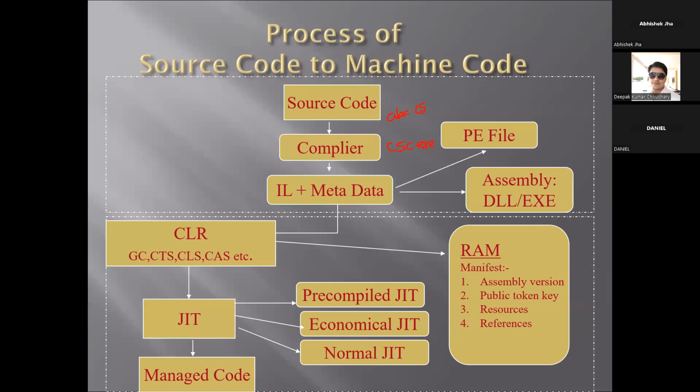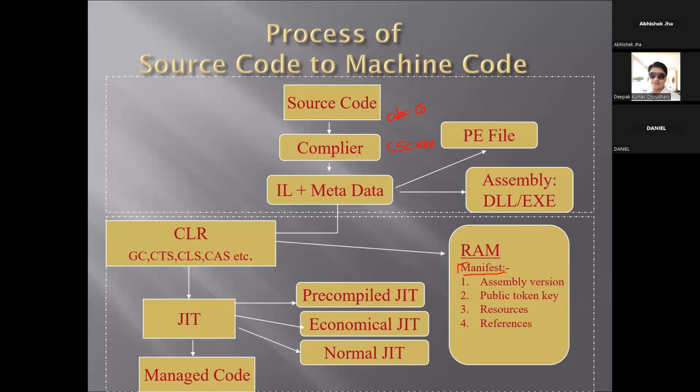In this process, as we already discussed, the CTS, CLS and GC garbage collector handle memory allocation. That means you need to provide some information to RAM so that it is aware of what resources, components and memory you need at runtime. So in that CLR process, it will generate one file called the manifest file.